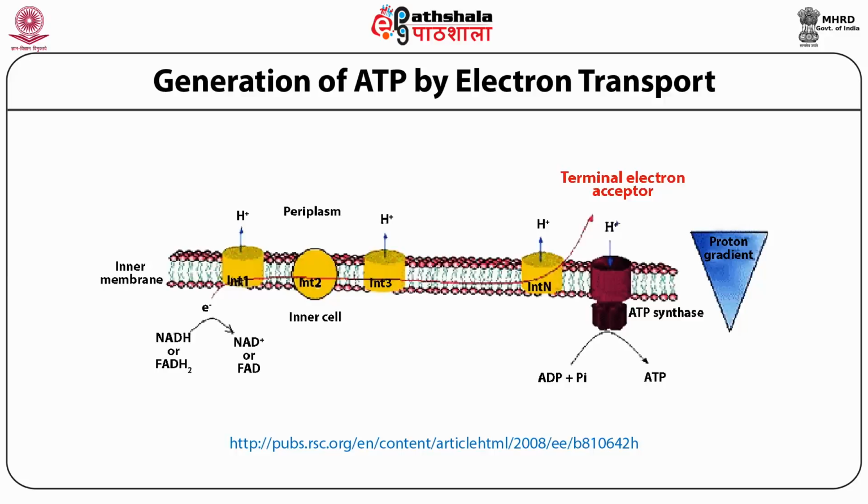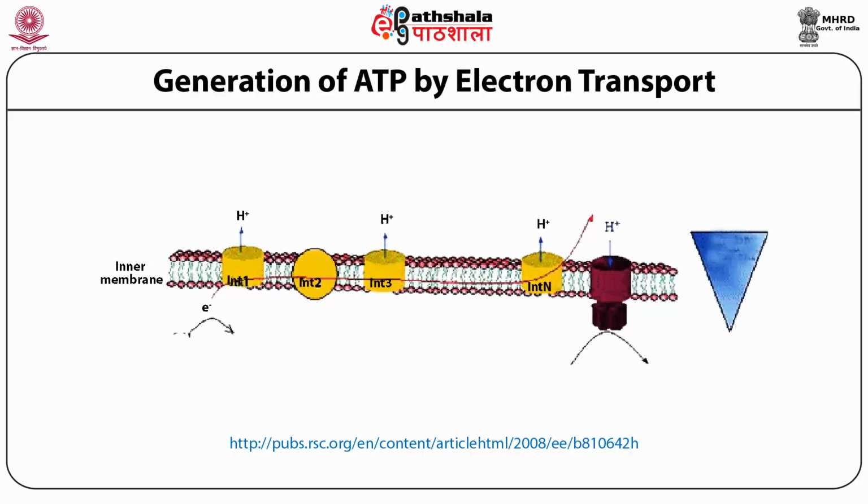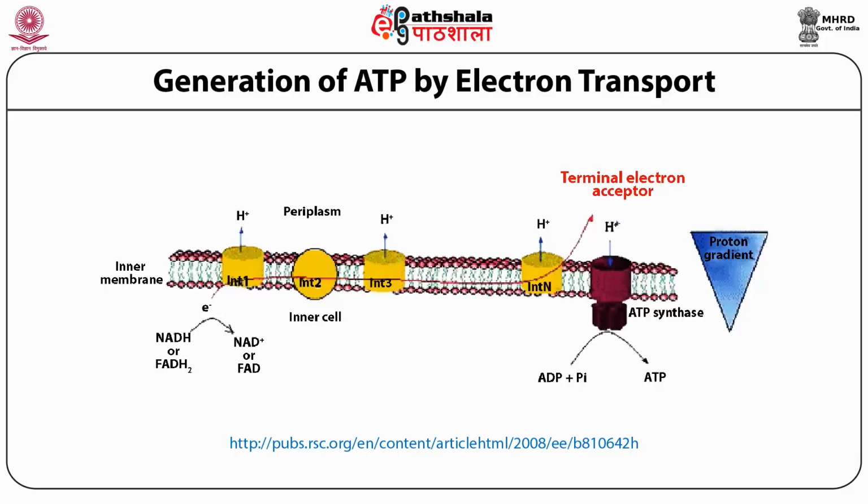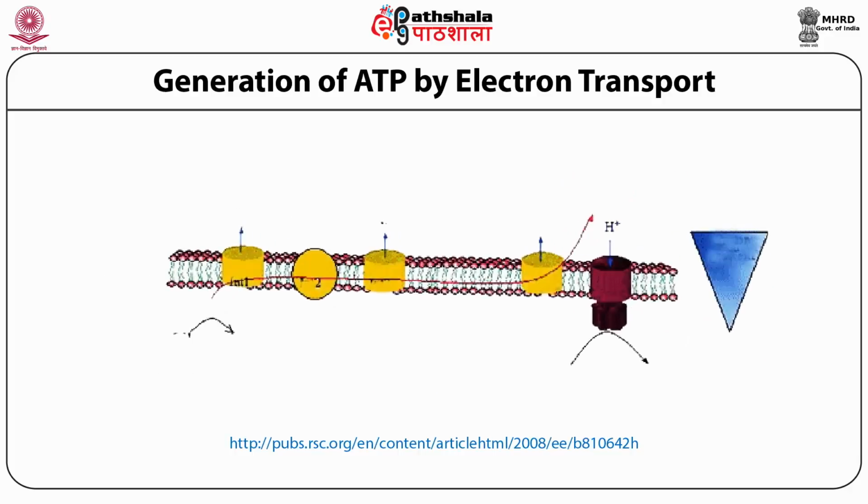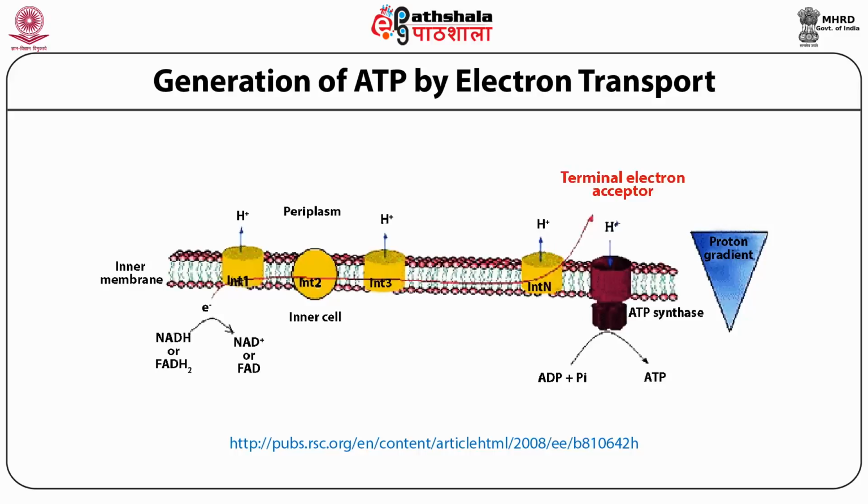Although the complexity and components of electron transport chains vary, they have certain common features. The components of the chain are carrier molecules capable of undergoing reversible oxidation and reduction. Each member of the chain is capable of being reduced by reacting with the carrier molecule that precedes it and oxidized by the carrier molecule that follows it.